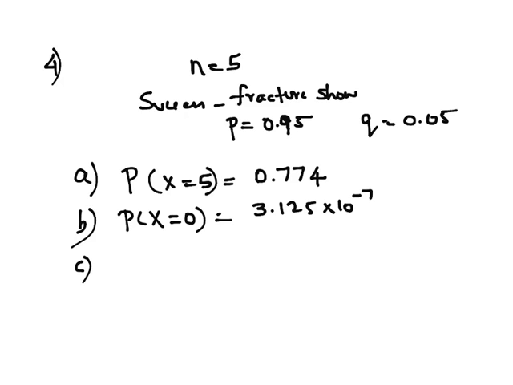Okay, and the third one is what is the probability that at least 3 X-rays show the fracture? That means at least 3 of them show, that means 3, 4 and 5. So P of X greater than or equal to 3. Now as you know, BCD will only give you from 0, 1, 2, 3 like that, isn't it? So I'll write it as 1 minus P of X less than or equal to 2.